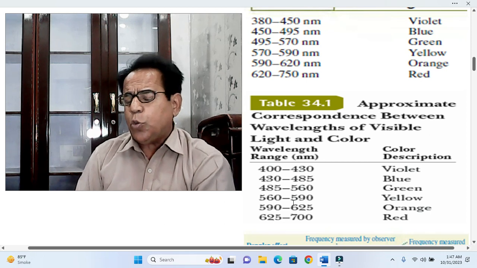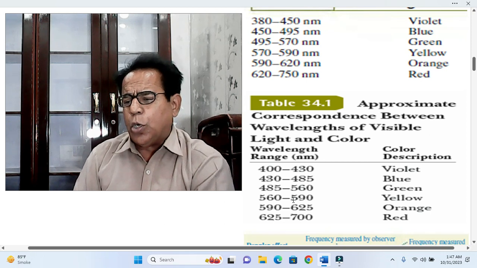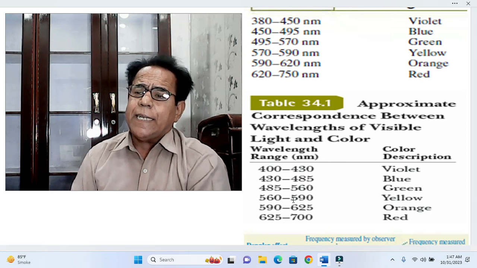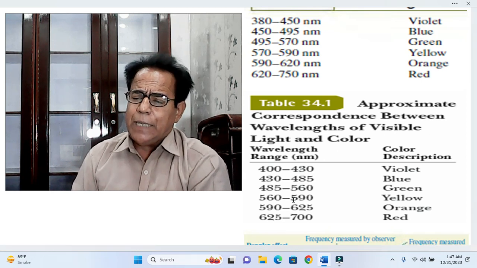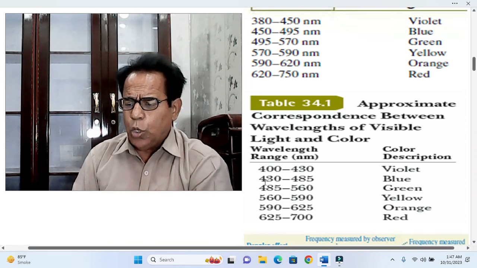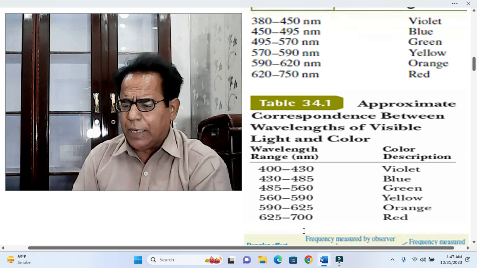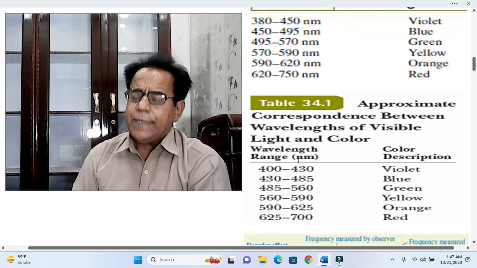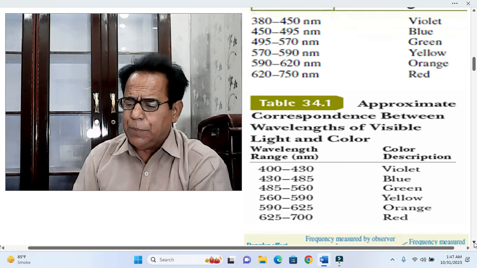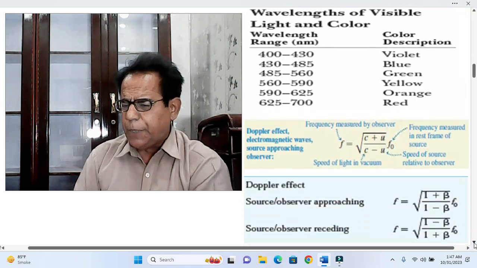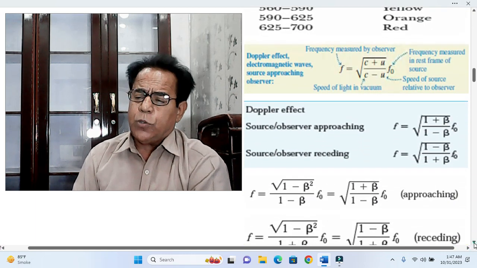So the second is relatively closer to our statement because in our statement it is described that 400 to 700. Anyhow, both these snapshots are 100% correct. However, the second snapshot is relatively closer to our statement. Now we come towards the Doppler effect.